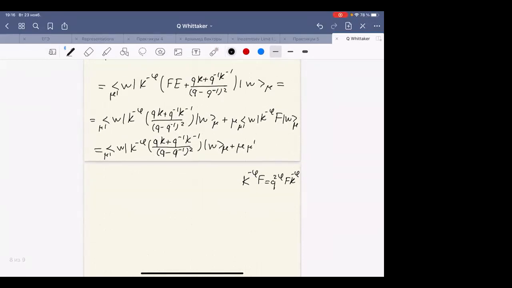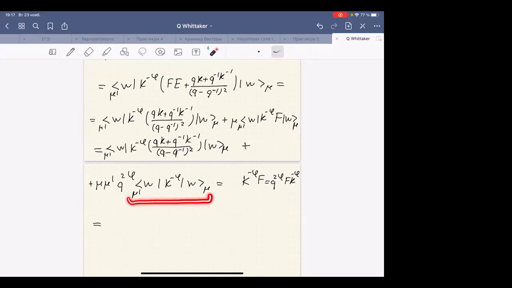Right. And this is the initial Whittaker function.